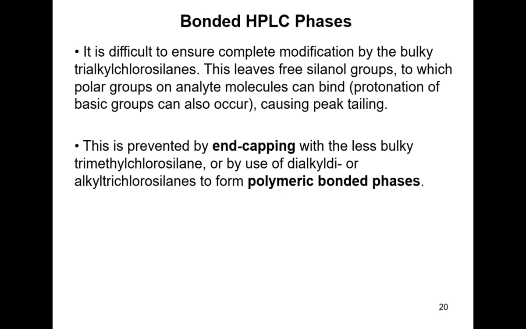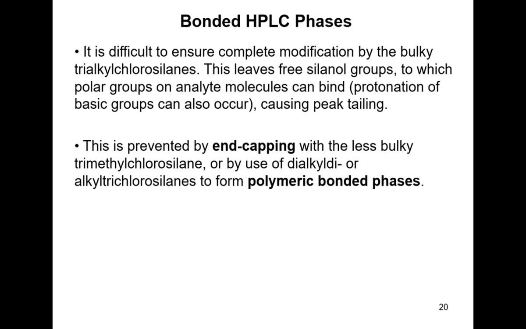And this can be problematic because you've got these little binding sites present, and if your sample molecules can sort of work their way through the hydrocarbon chains and interact with one of these OH groups, if they can form hydrogen bonds, for example, then suddenly they've got this very strong interaction with the stationary phase.